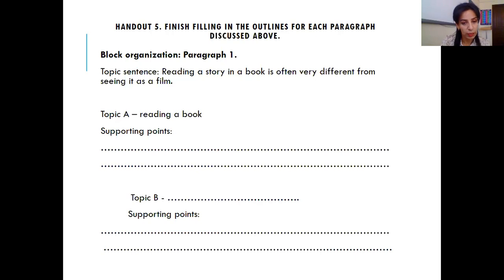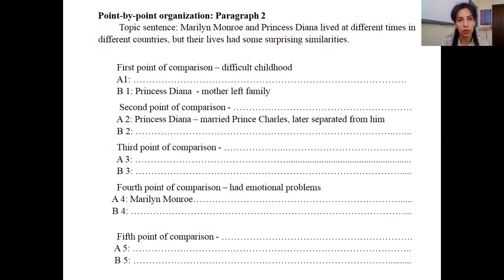Topic B is seeing a film: imagination's not needed. Pictures on screen give necessary details. Conversations are spoken aloud, so you just watch and listen. Feelings of people come from their faces, their voices and movements. So dear students, analyze the second topic, also point-by-point organization according to the same criteria.